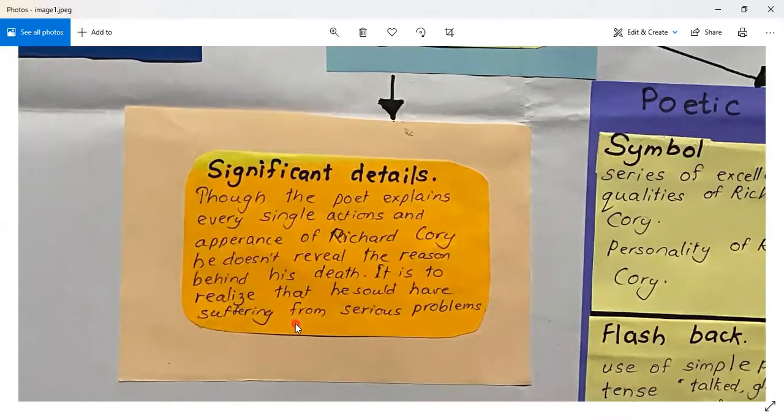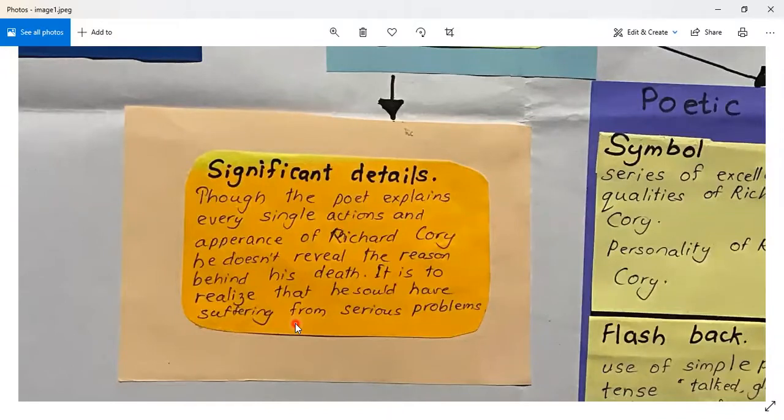Here you can see the poet explains every single action of Richard Cory's appearance: how he greets, how he walks, how he wears things, and all his qualities. But the poet doesn't reveal the reason behind his death.